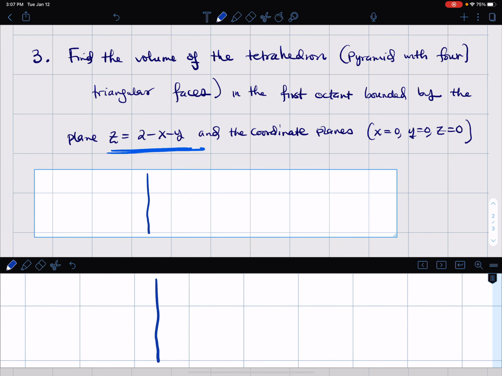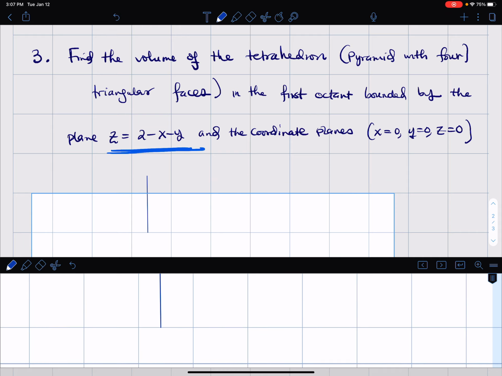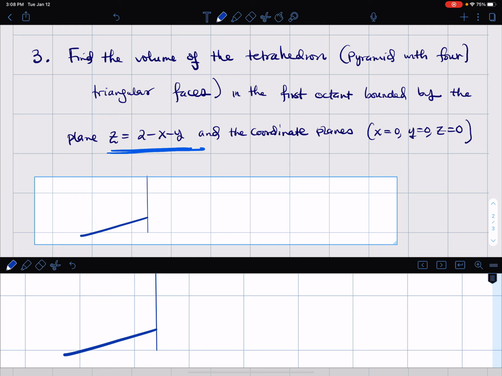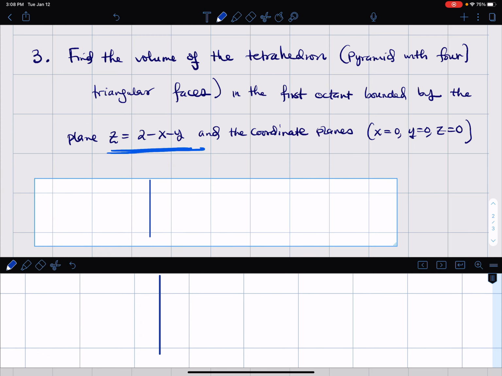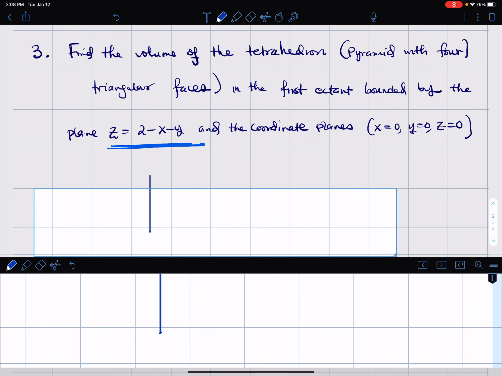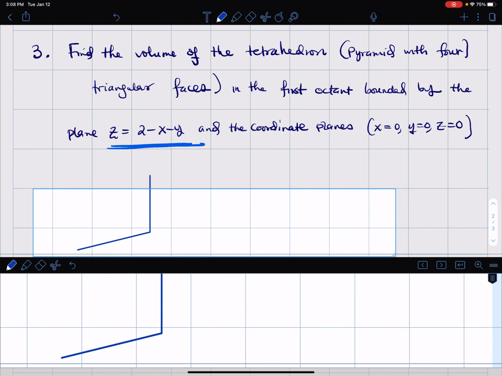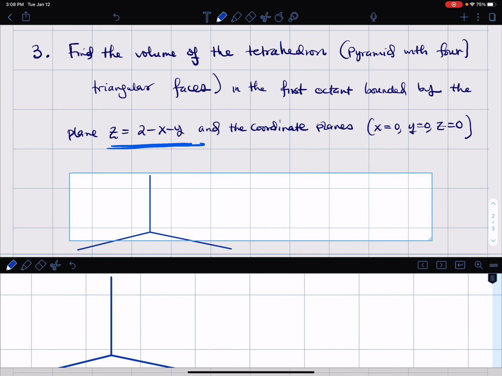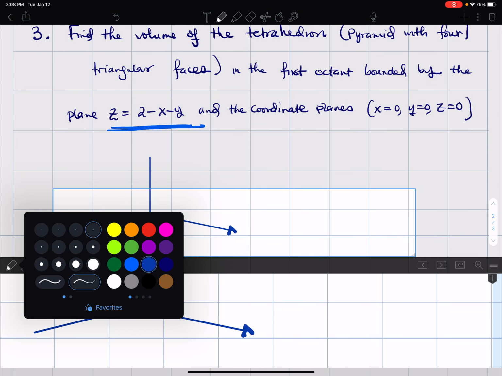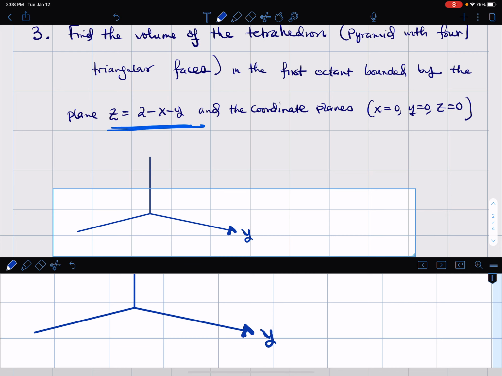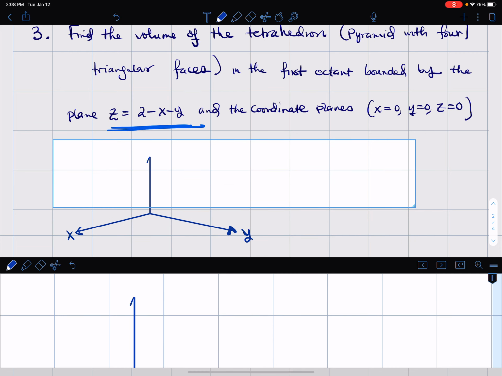So we have the z-axis and the x-axis. Let's make it a little darker. All right, that's good enough. This is the x-axis, and this is z.